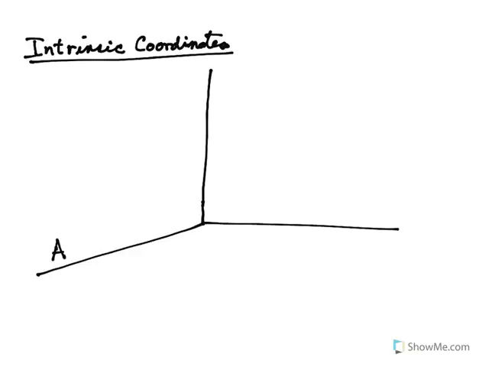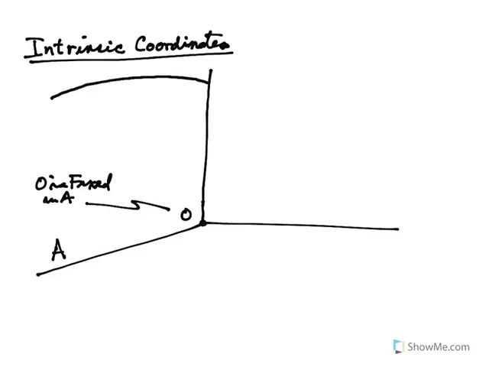We have a reference frame, define it as A, and a point O that's fixed in A. So O is fixed in A. And we have a point P, which is an arbitrary point, which is moving relative to reference frame A. And the path that's taken by P is shown as I draw here.